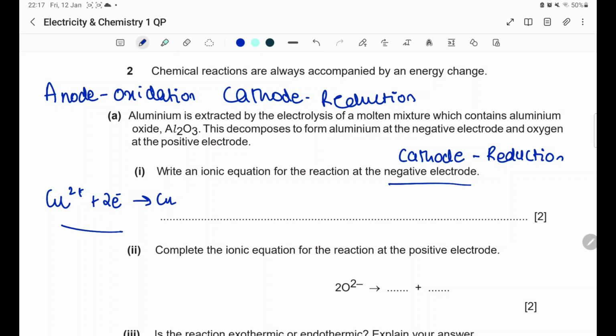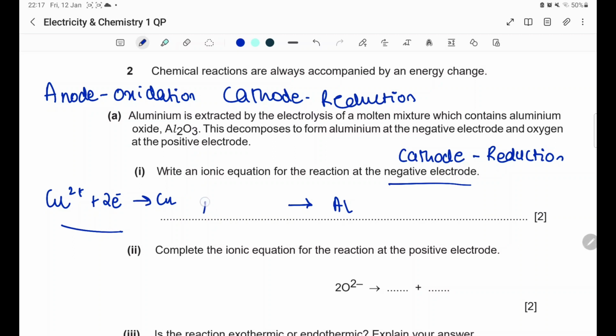This is a reduction equation, and we now need one for aluminum. Now we know that there's a gain of electrons, so at this end of the arrow we'll have the normal element because it would have gained electrons, and at this side of the arrow it's going to have its ion because the electrons are being gained by the positive ion.